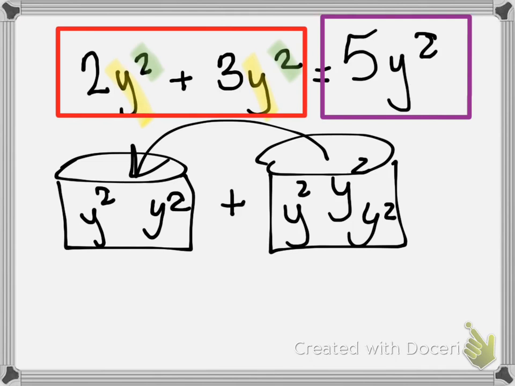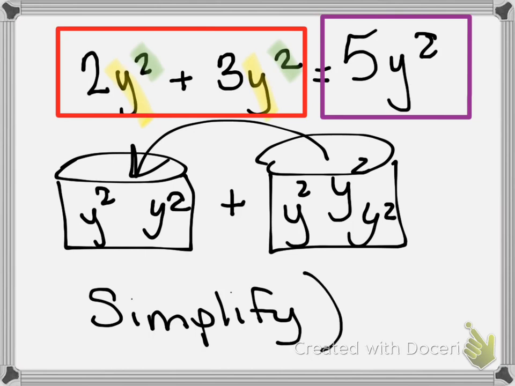It takes a lot more ink to write that. So when you simplify an expression, you're kind of compacting it or using less words, using less written terms. Okay, so let's look at one more.